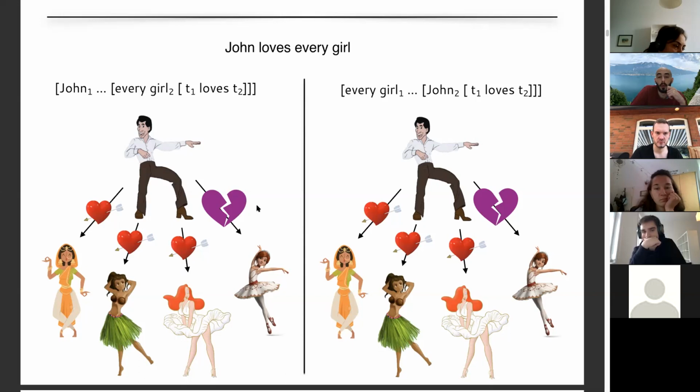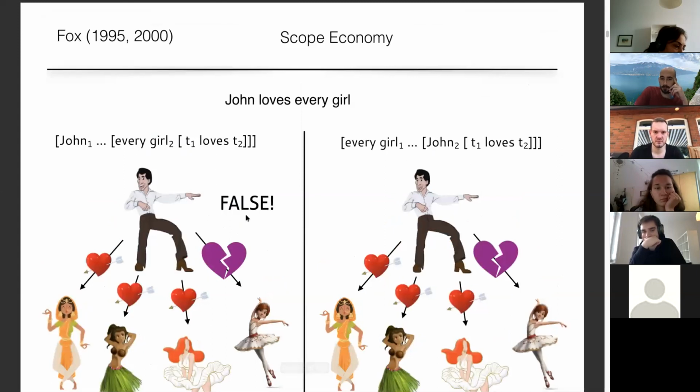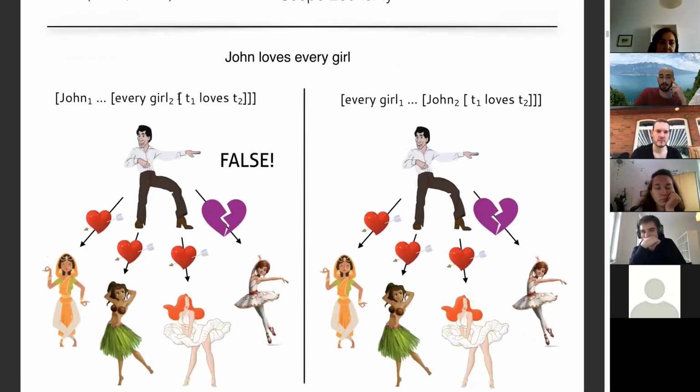So now let's judge these sentences again. This is false, right? Because this sentence says that John loves every girl, but this is not true because he doesn't love this girl. Now, what about this sentence? Is it true that for every single girl, John loves her? No, right? For the same reason.